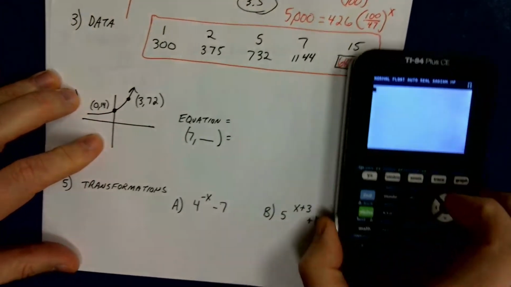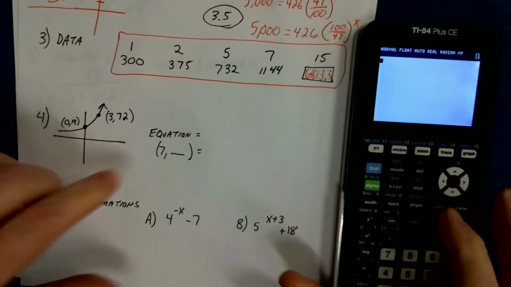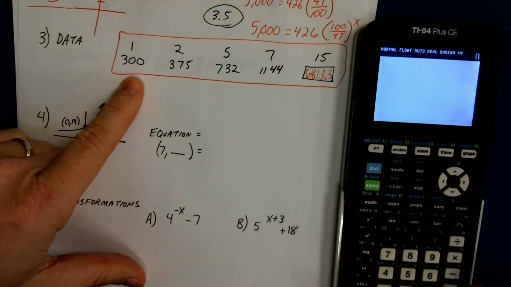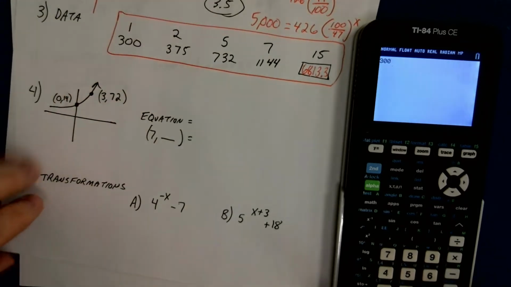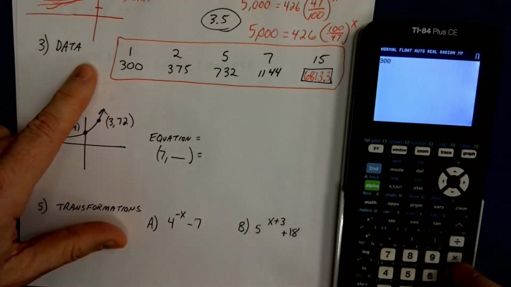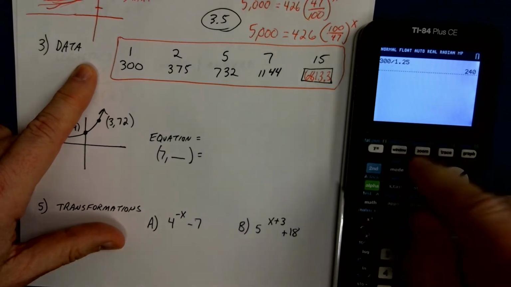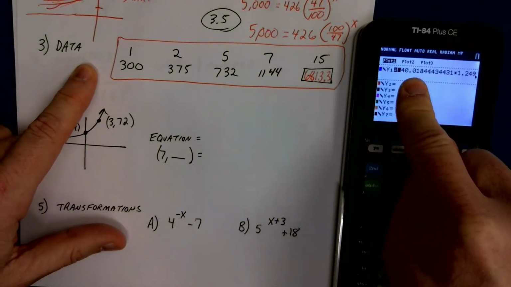If I know that my factor is 1.25, and I do 300, if I was to go backwards, I'd actually be dividing by 1.25. So watch, division by 1.25, and I hit enter, and you can see I got 240. That's exactly what the starting point should be.